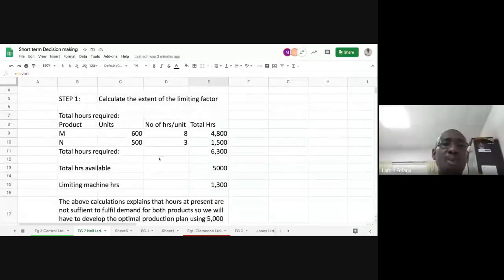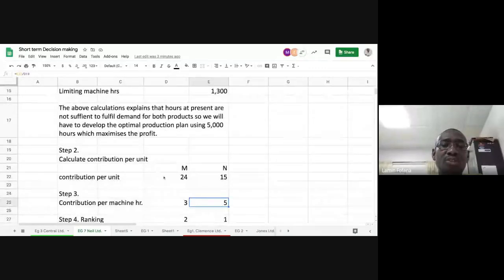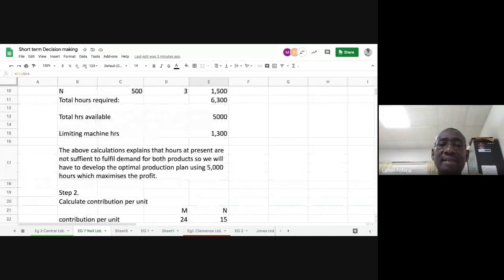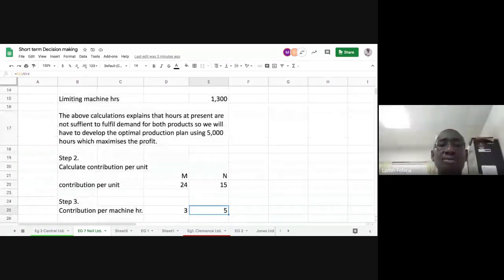Look at it. Product M has 24 pounds per unit of contribution. Product N has 15 pounds per unit of contribution.